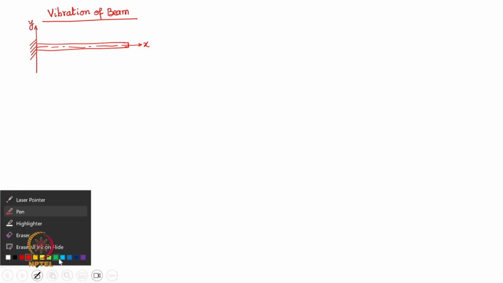So, this can be treated like a continuous system, and as we always do, our x axis is along the length of this continuum. This axis is y, and pretty much the same way as we did earlier, we take a very small element of length dx from this particular continuum and focus on the force balance of this small element.